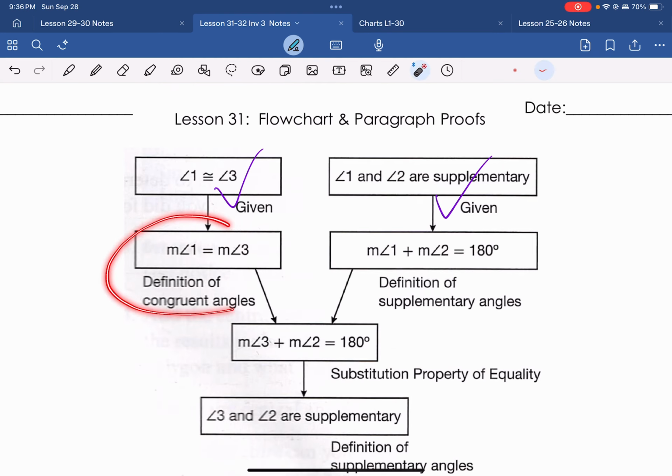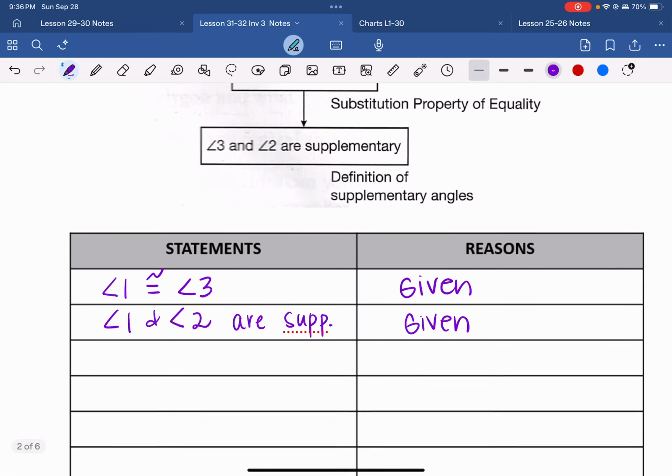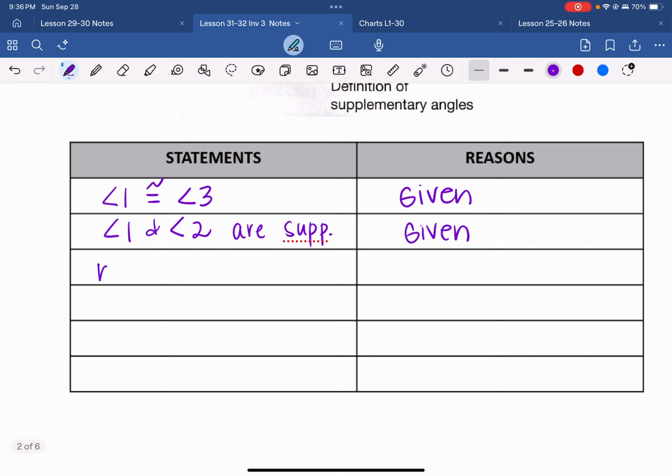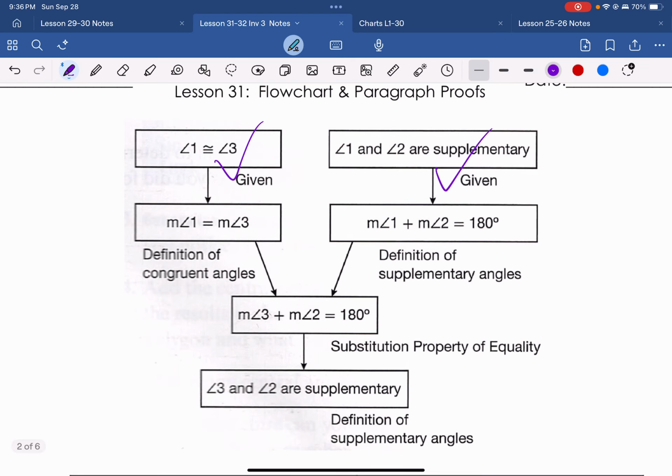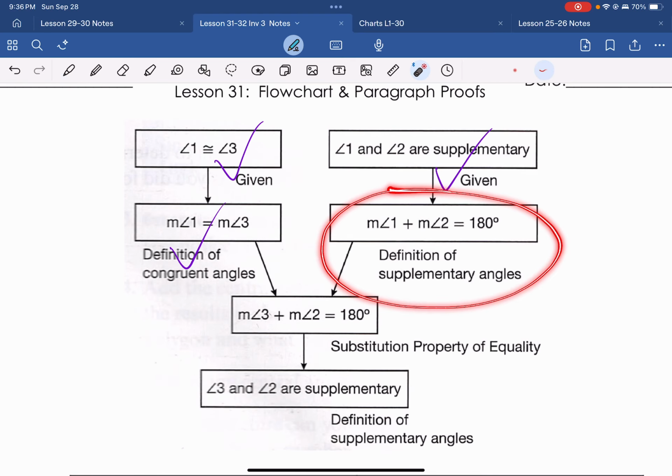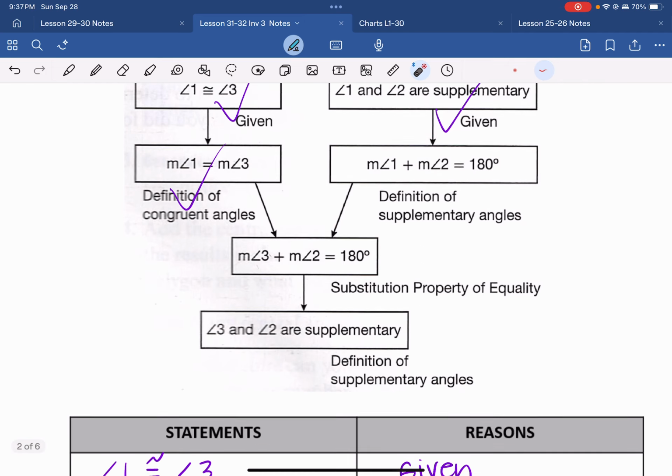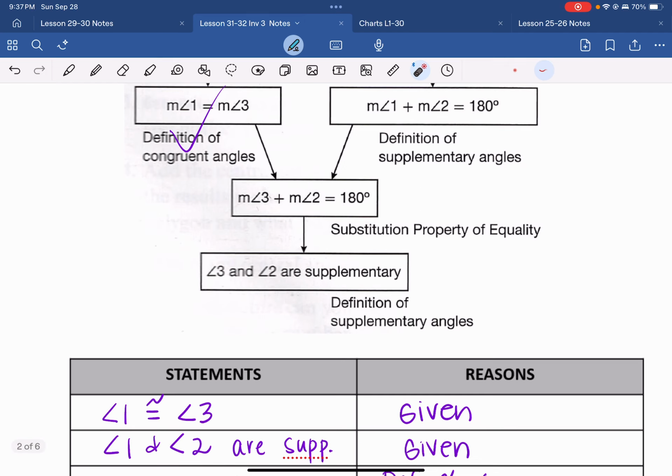Now we're over here. Measure of angle 1 equals measure of angle 3. Definition of congruent angles. Okay, took care of that. Now we're on to this one. Measure of angle 1 plus measure of angle 2 equals 180 degrees.